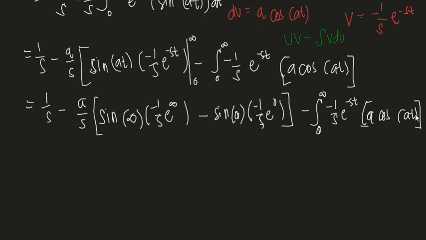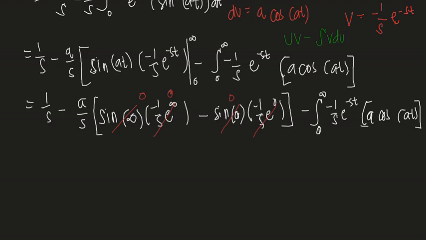Okay, so let us simplify sa ating equation. So we have e raised to infinity will be equal to 0. So this is equal to 0 multiplied by any equation here. This entire equation will be equal to 0. Next, sine of 0 will be equal to 0. So any equation multiplied by 0 will be equal to 0. So 0 lang aton nga first equation.